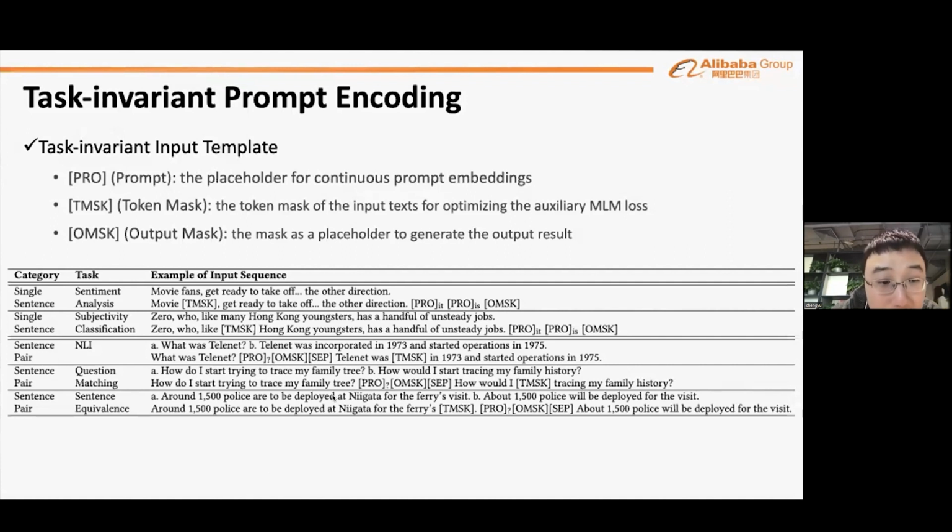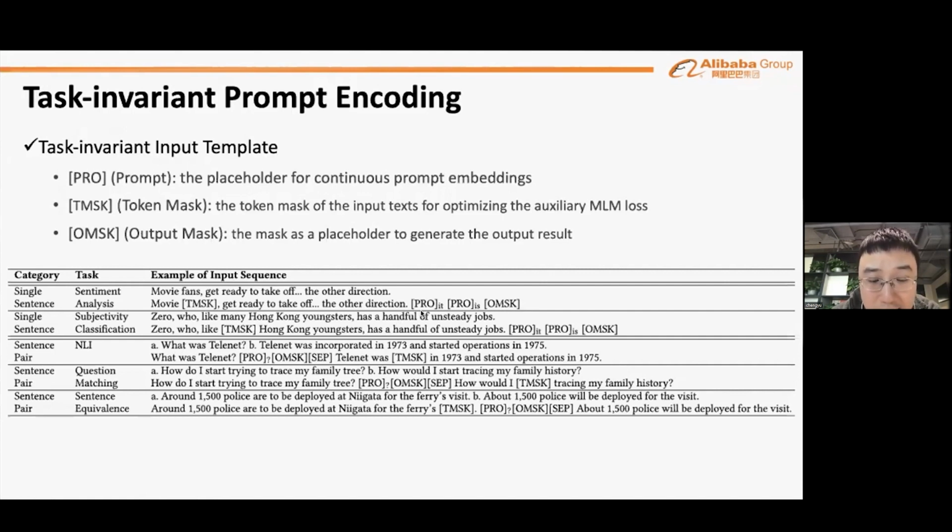For example, if the input is "movie fans get ready to take off to the other direction," the input to our model is "movie [T-mask] get ready to take off the other direction." Here, "fans" is selected randomly, so this will be masked. At the end of this sentence, we add three prompt tokens.